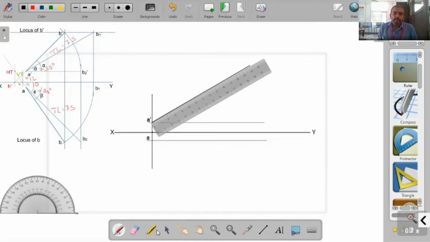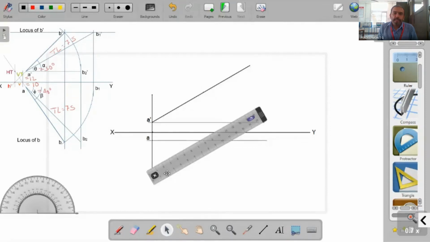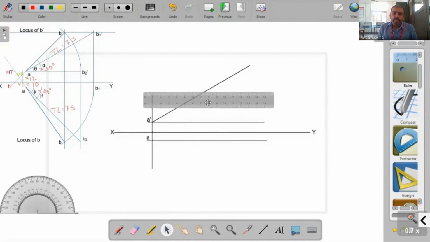So the point B1 dash is obtained, and once B1 dash is obtained, we can find the locus of B dash. The locus of B dash is a horizontal line which is parallel to the XY line and passing through the point B1 dash. So this is the locus of B dash.